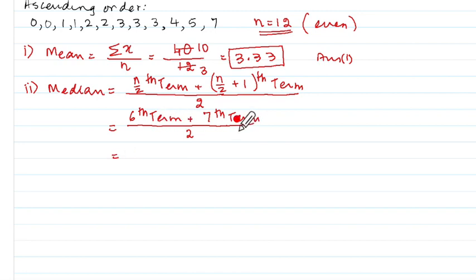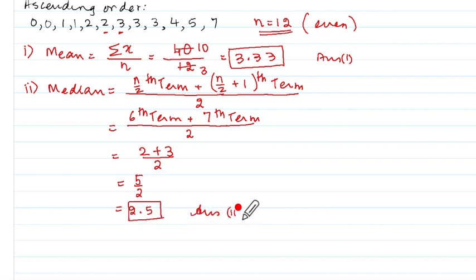And for this we need the ascending order. So good that we already wrote this in ascending order. 1, 2, 3, 4, 5, 6. So this is the 6th term and this is the 7th term. So it will be 2 plus 3 upon 2. And that will be giving us 5 upon 2, which is 2.5. And this is our answer 2.